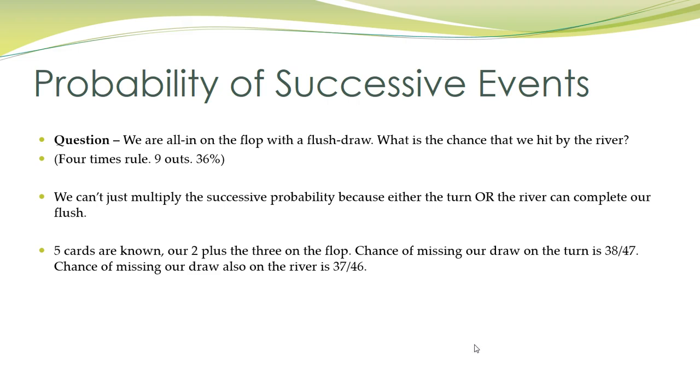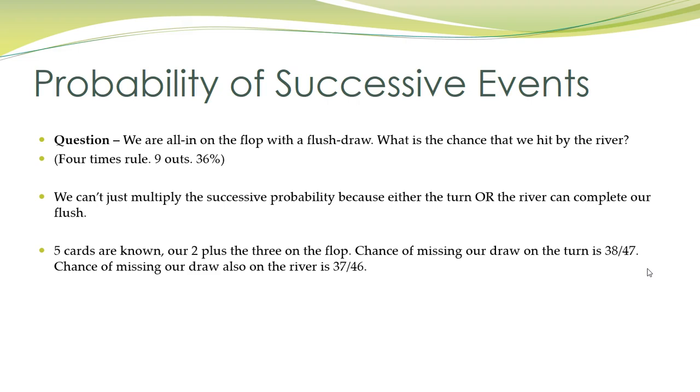So what is our chance of not making a flush on the turn? Well, you can see it there on the screen, 38 of 47. 47 unknown cards left in the deck, and 9 of those allow us to make our flush, so the remaining 38 cards are cards which cause us to miss our flush on the turn. So assuming now that we miss our draw on the turn, what is the probability of us proceeding by also missing our draw on the river?